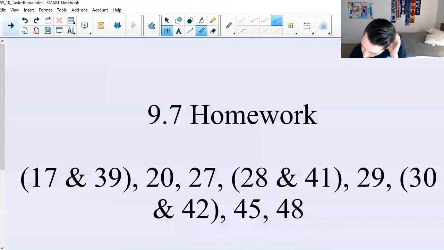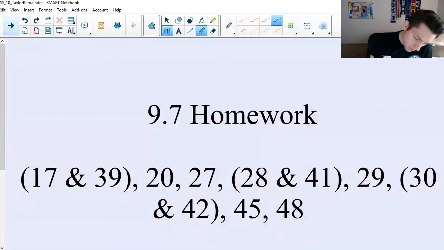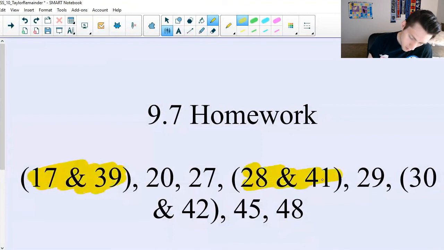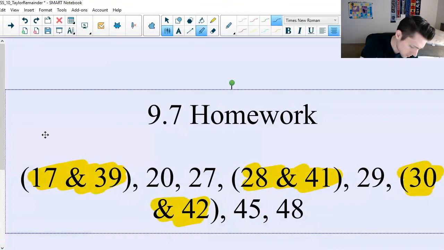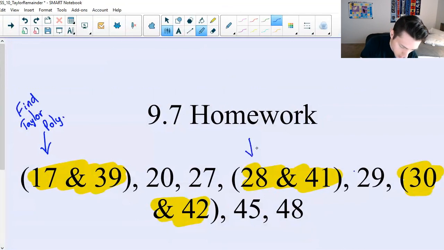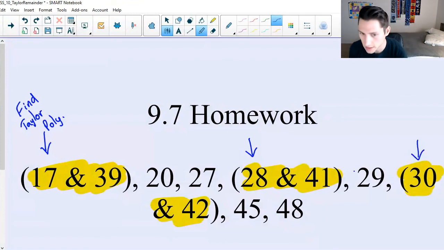But here's some homework problems. I highly recommend going through and working on these. The ones that are paired up, the reason that they're paired like this is because they use the same original equation. The first part just says find the Taylor polynomial. So that's what 17, 28, and 30 say.